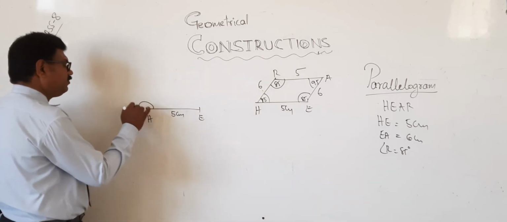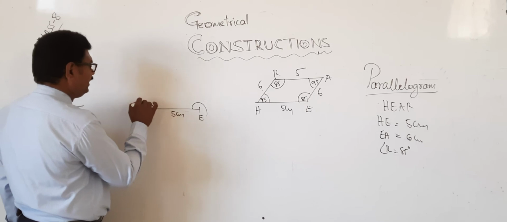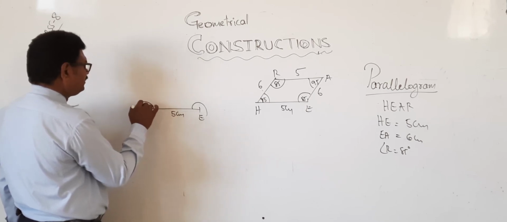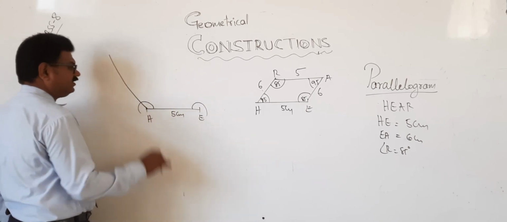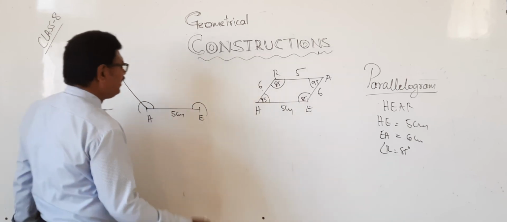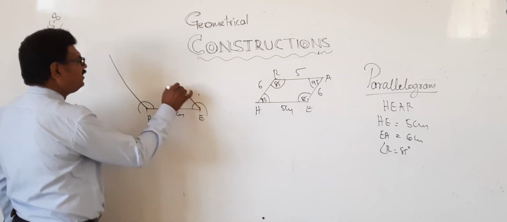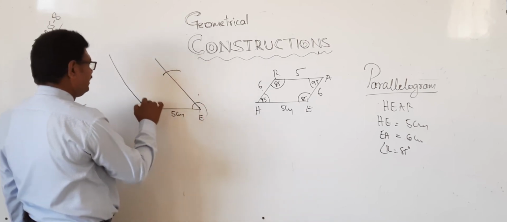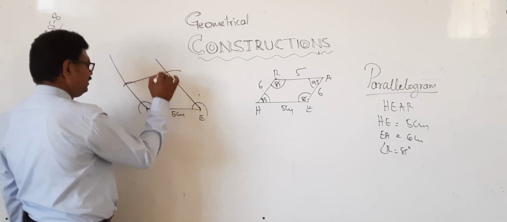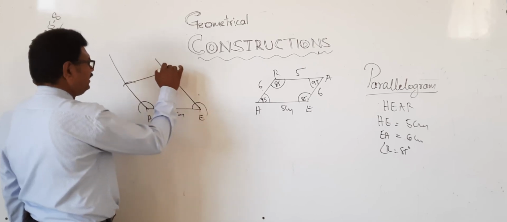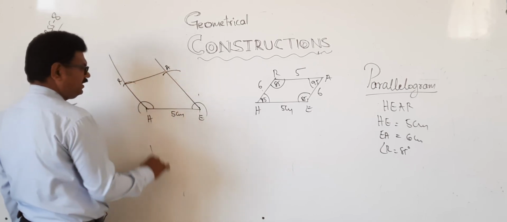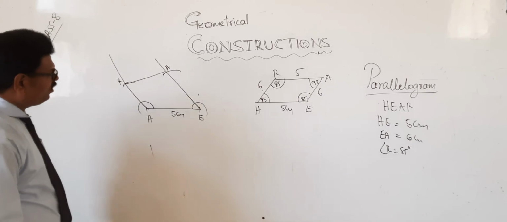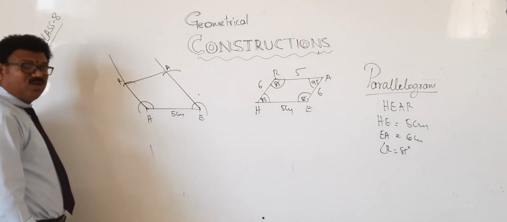Therefore, keep the protractor here. 95. 90 means like this. 95 means yes like this. Next 85. 85 means this is 90 and this is like this. Okay na? From here to here 6. Again from here to here 6. Therefore, HEAR. It is nothing but a parallelogram. Okay na? Parallelogram.